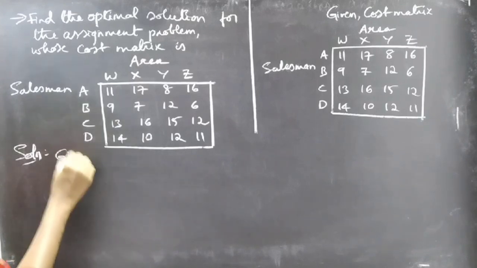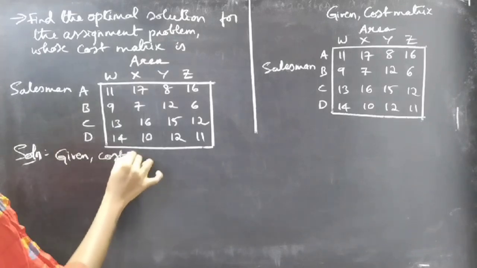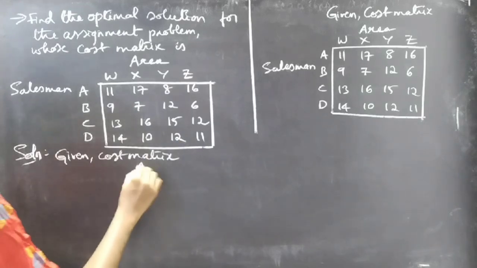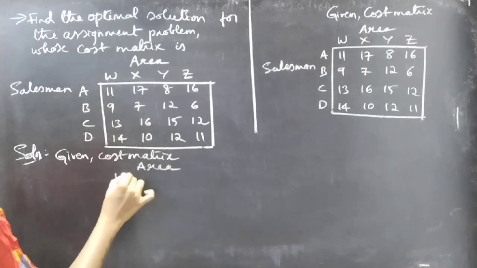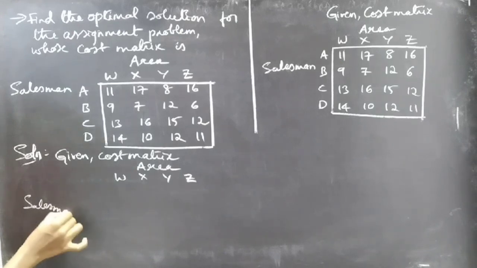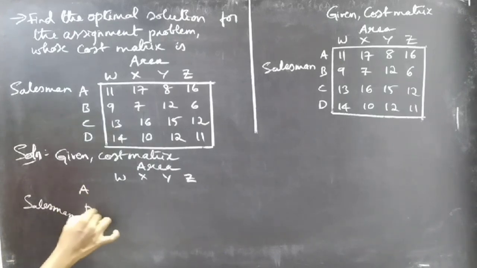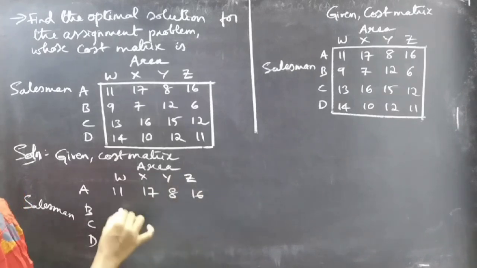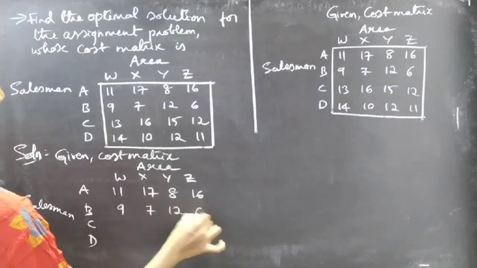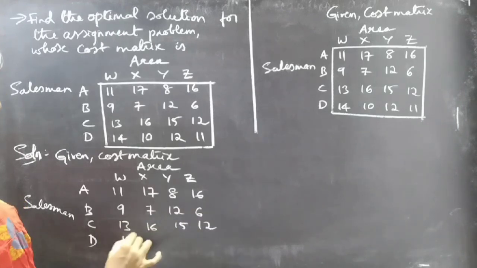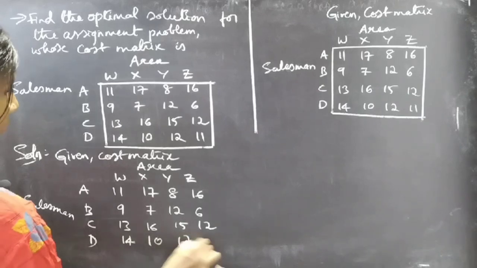Given the cost matrix, the areas are W, X, Y, Z and the salesmen are A, B, C, D. The first row is 11, 17, 8, 16, the second row is 9, 7, 12, 6, the third row is 13, 16, 15, 12, and the last row is 16, 10, 12, 11.